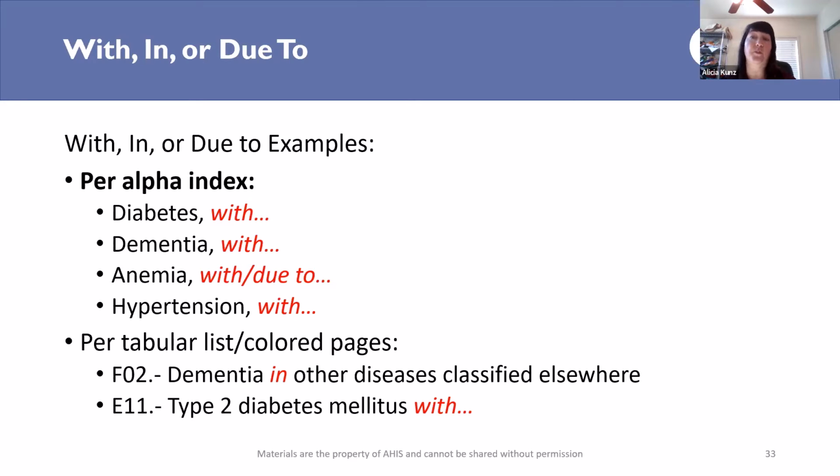Those are conditions that are presumed to be related. The same thing with dementia or anemia and hypertension. And when we get into the section about most common coding errors, you will see that diabetes and hypertension combo codes are the ones that are most commonly miscoded.